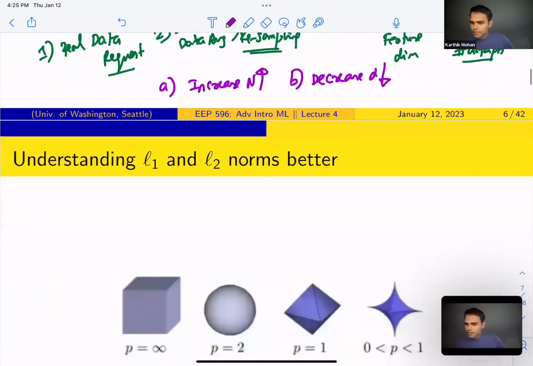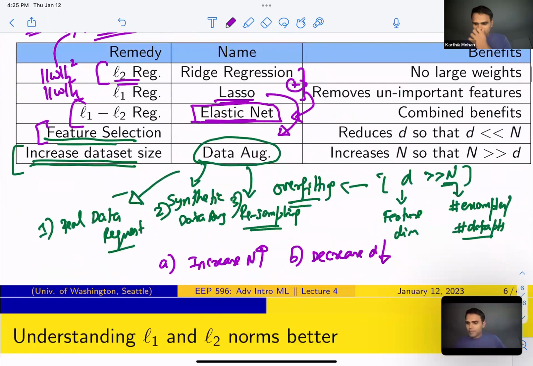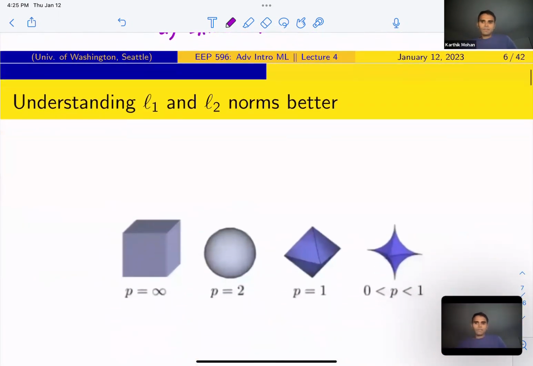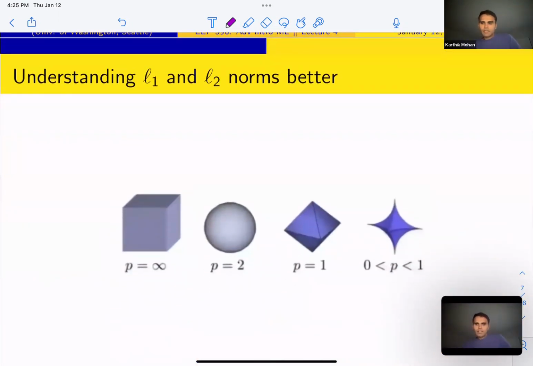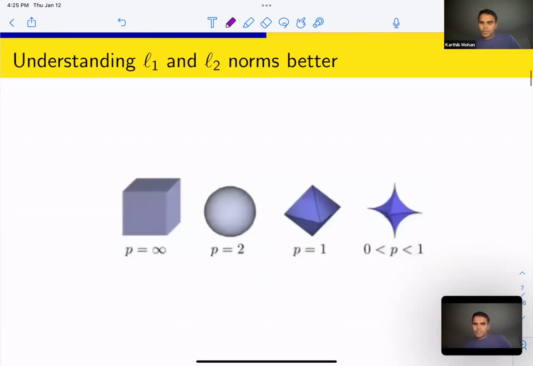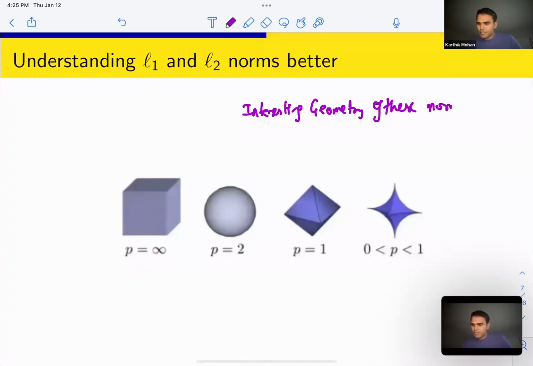All right. So let's go a little bit more into understanding these regularizations. There's some very beautiful, interesting geometry of these norms: L1, L2, and also Lp, where p is between 0 and infinity.